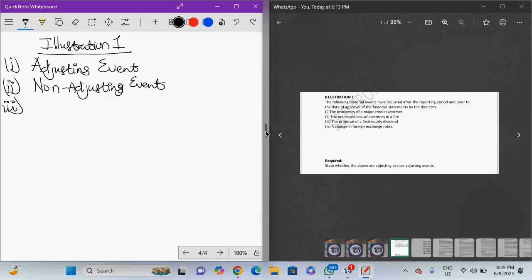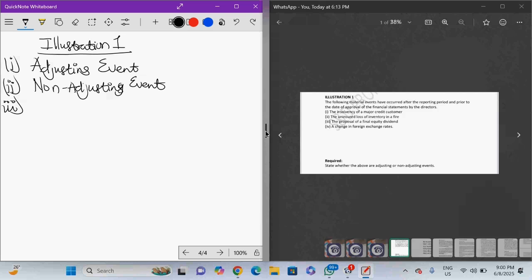After 31st December, we have finally prepared everything, and that's where we will declare dividend, and then we'll pay the dividend to the respective shareholders, right? So this occurs after the reporting period.